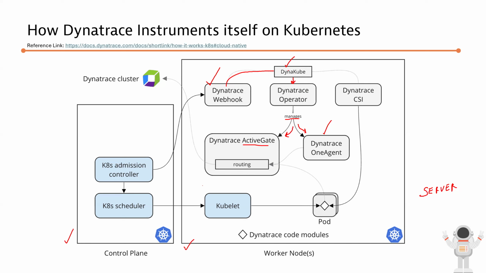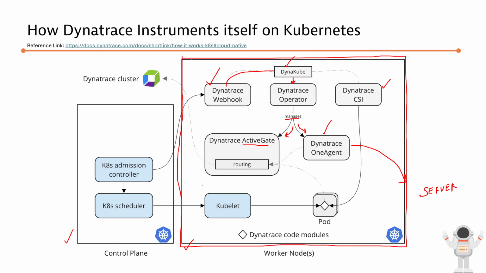And along with that, with different models or deployment strategies, you get this Dynatrace CSI. So for your strategy, there may be a Dynatrace CSI driver, or there may not be. And we will be seeing why we really need a CSI driver, or why we don't. And these one agents are basically installed on this server, right? So this entire set, the one agent is installed on this entire box.